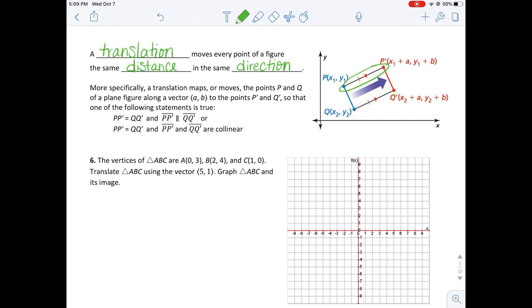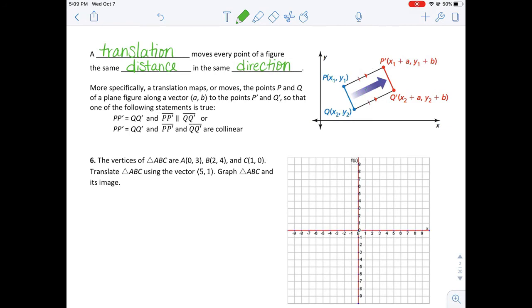The tick marks tell us that they have to be equal measure. So they moved the same distance. And those two black lines with notation must be parallel, or we must have collinear segments. So this is just an example showing us our pre-image moves along a vector to give us our image.